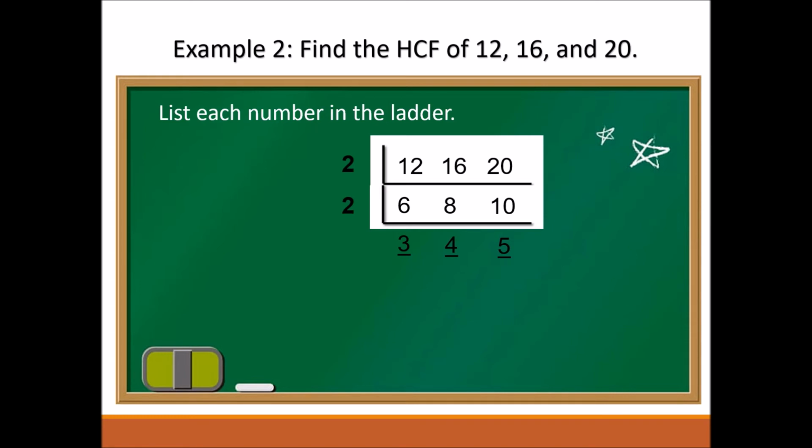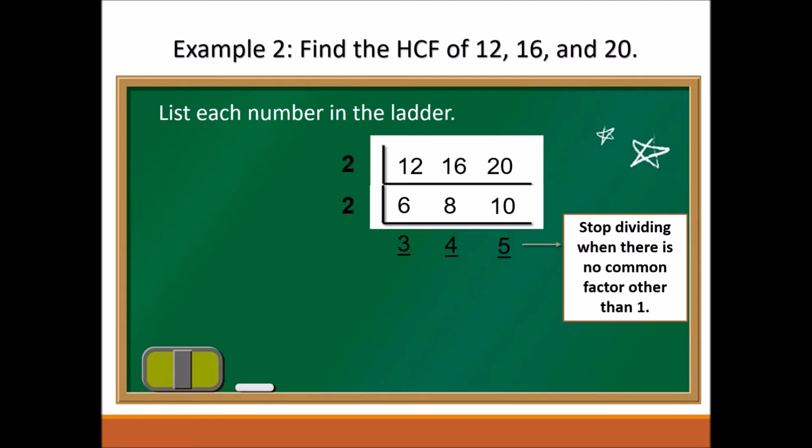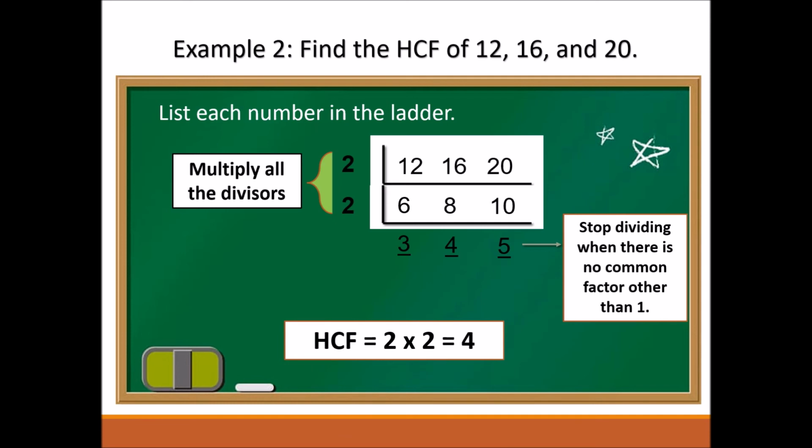No. There is no common factor to divide 3, 4, and 5 other than 1, so we can stop dividing them. Then we multiply all the divisors to find the highest common factor of 12, 16, and 20. Therefore, the highest common factor of 12, 16, and 20 is 2 multiplied by 2 is equal to 4.